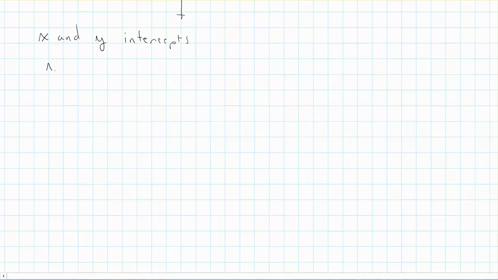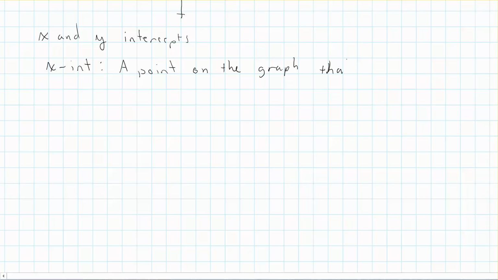And then let's go ahead and write down here. I'll abbreviate intercept with int, x-intercept. This is a point on the graph that touches the x-axis.